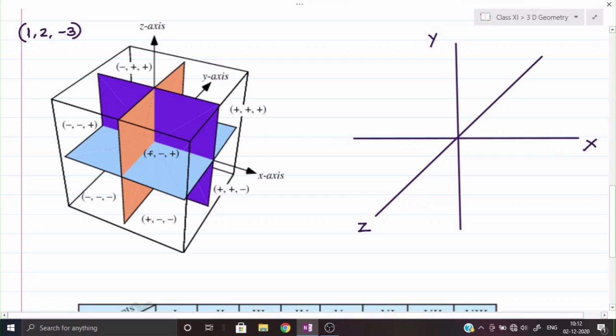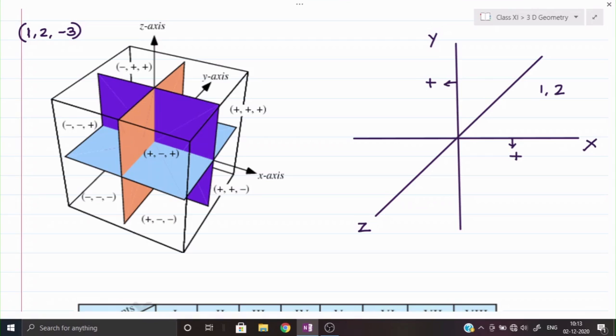Now think of, first of all, you see this is my x-axis, okay, and this x-axis will be positive. This portion of the y-axis will be again positive, right? So if I have a point 1 comma 2, I will say it will lie in the first quadrant. And remember, I am talking about the front part.